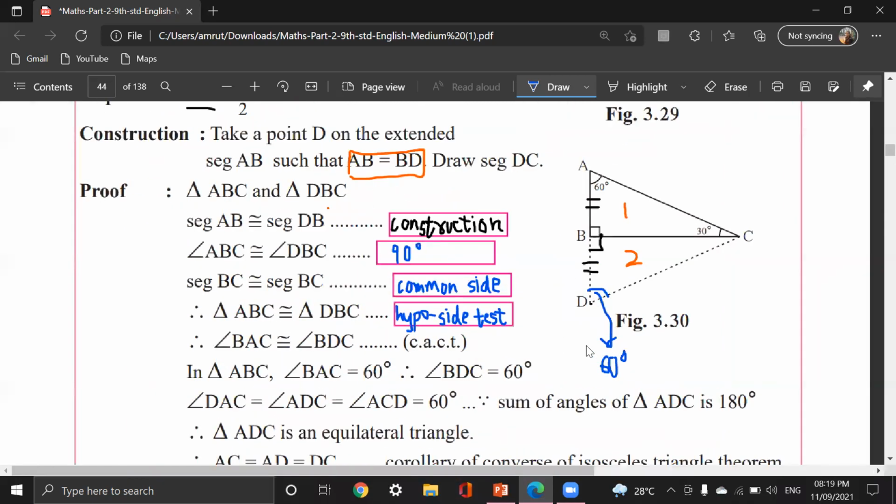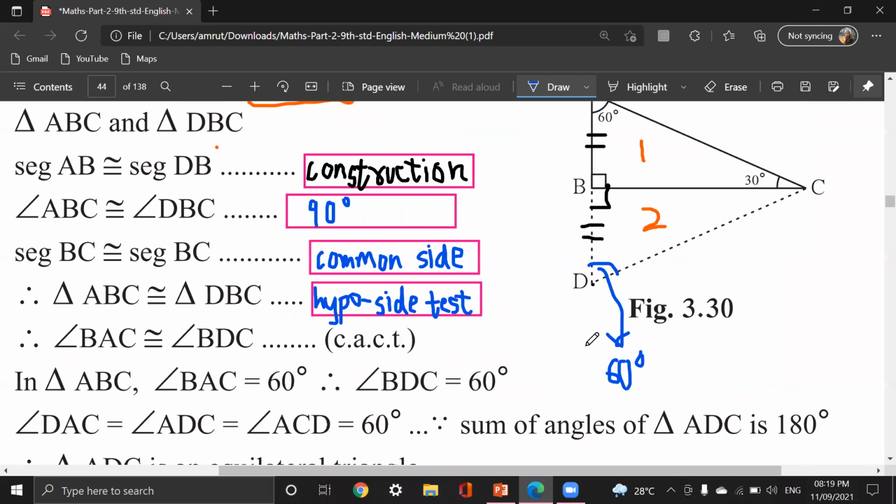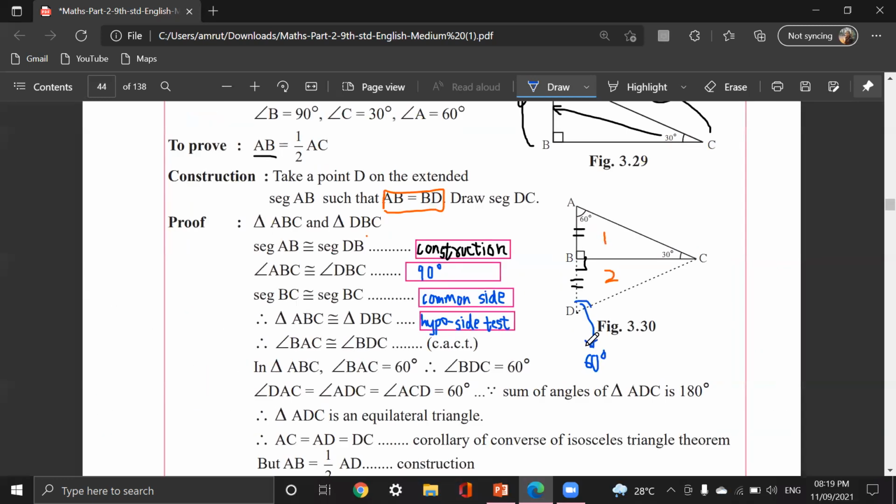Okay, so this will also be 60 degree. Angle DAC is equal to angle ADC is equal to angle ACD. ACD is equal to 60 degree. So you can see here this angle is 60 degree.